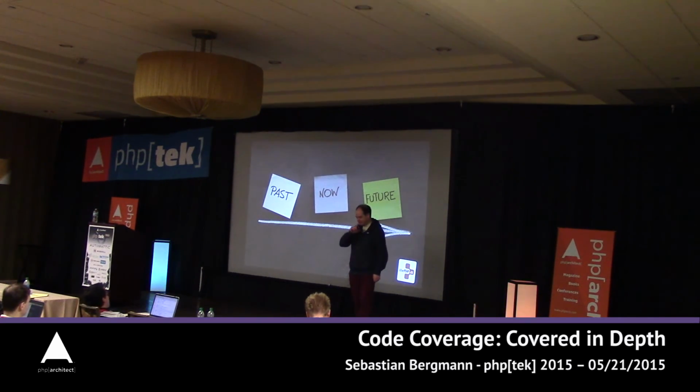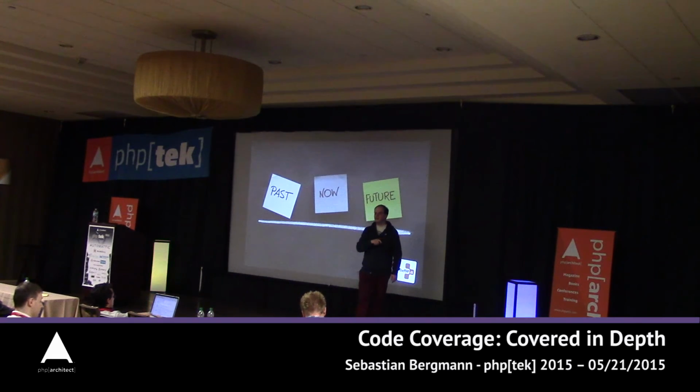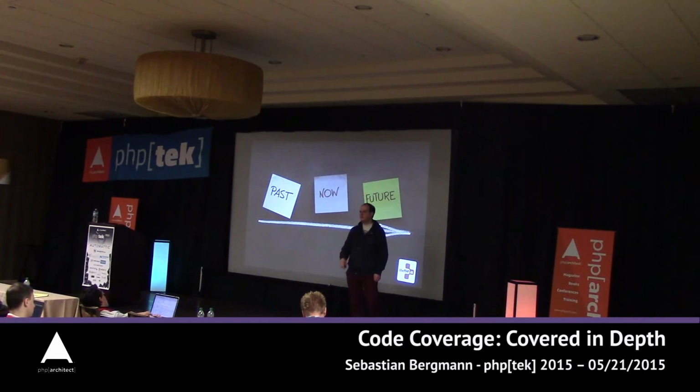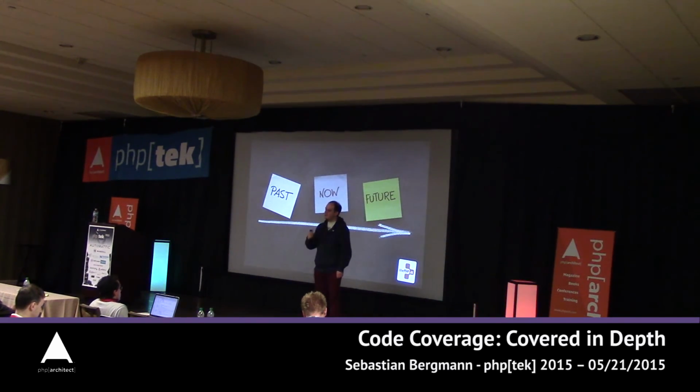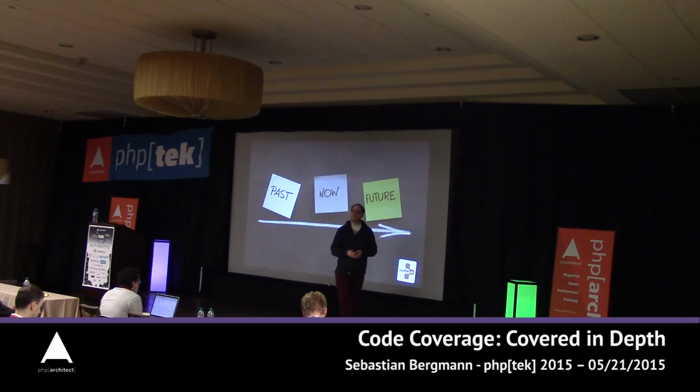So future. Remember at the very beginning I said that it took me a while, like over 10 years ago, to convince Derick to implement code coverage originally. And I was very thankful when he finally did that. And for about 10 years we only had line coverage for PHP and PHPUnit.